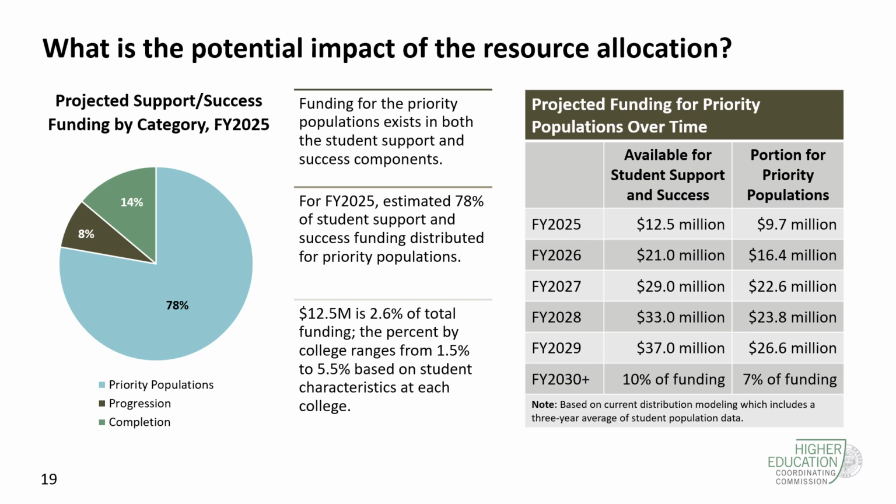So what that tells me is that on average, a college should receive 2.6% of their funding for student support and success. But if they enroll more than the average percent of priority population students and they help those students succeed, they will likely receive more than 2.6%.